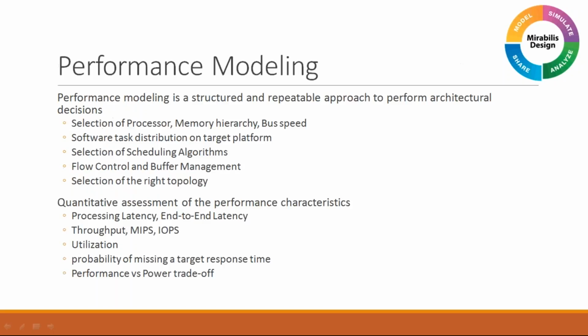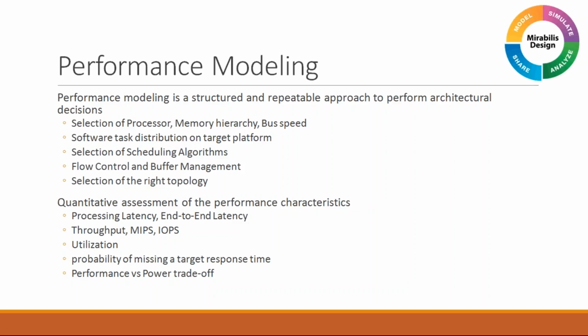Okay, so with regards to performance modeling, performance modeling is a structured and repeatable approach to make architectural decisions. When we say architectural decisions, it could be selection of a processor itself, or selection of the memory subsystem, or selection of the right bus interface, and how you distribute your tasks between your multi-core and multi-processor platforms.